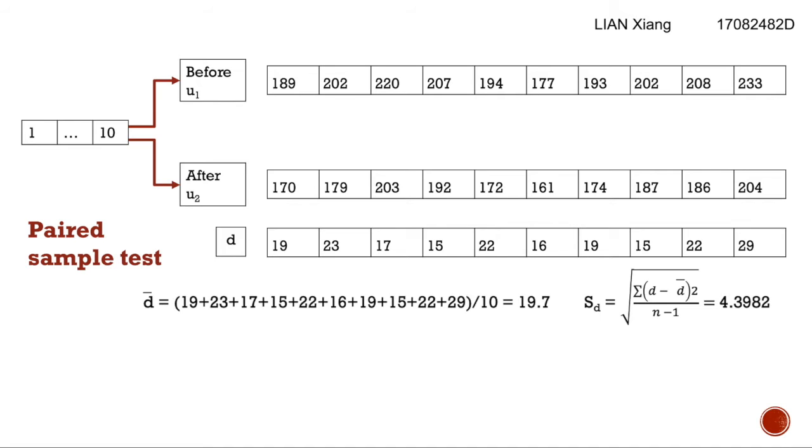For later use, we also calculate the sample mean, D bar, equals 19.7, and the sample standard deviation equals 4.3982.